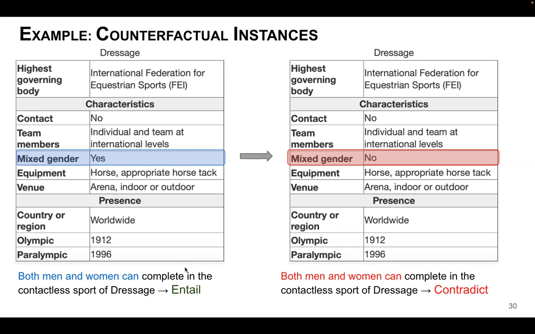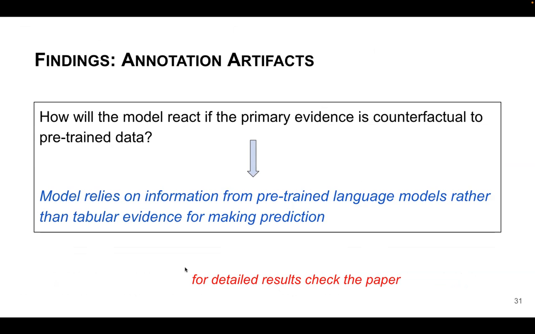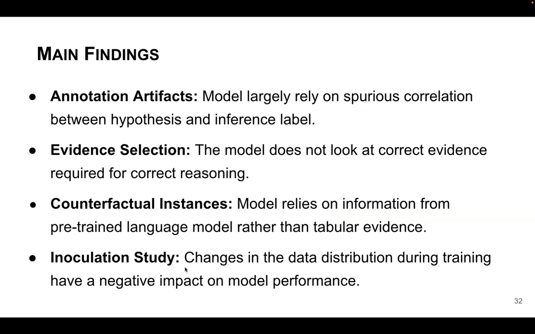Now dressage has become a non-mixed gender sport, and earlier, a contact sport. The finding is that the model relies on information from pre-trained knowledge rather than looking at the primary evidence for making the prediction. The detailed quantitative results and other examples are in the paper. I encourage everyone to look at that, please.